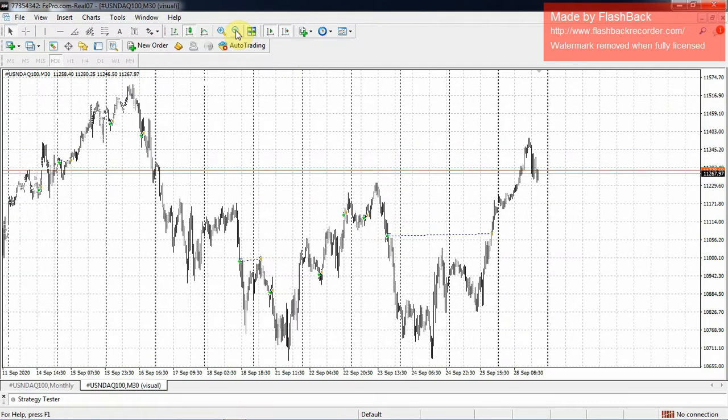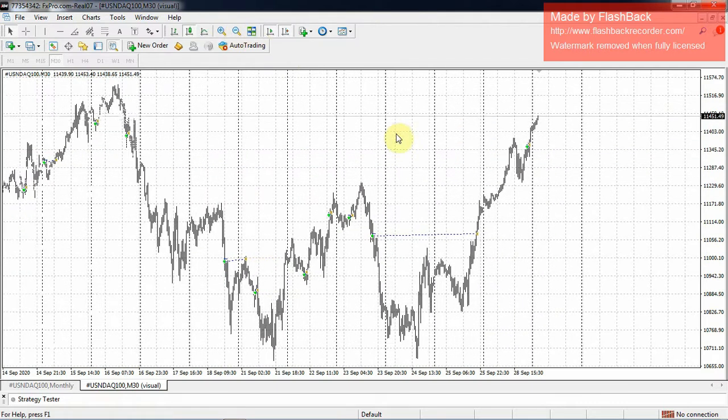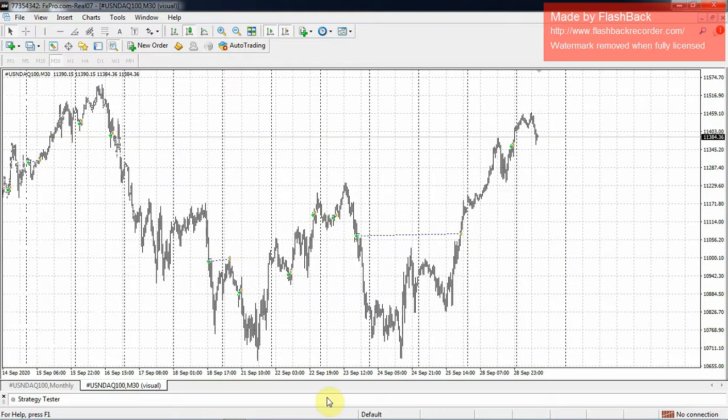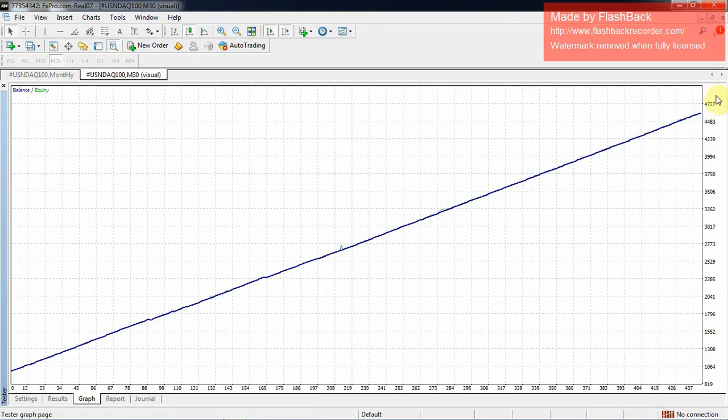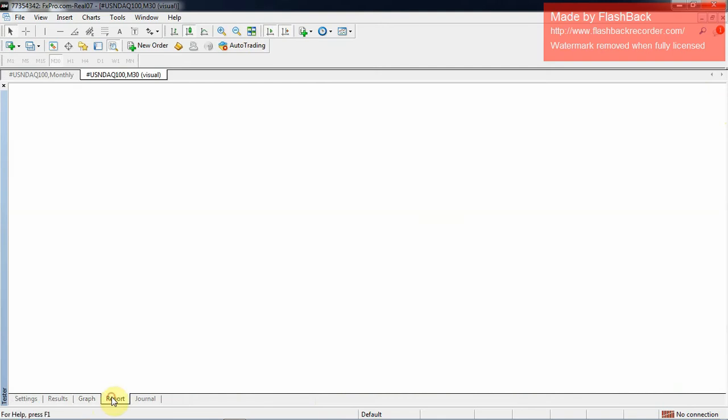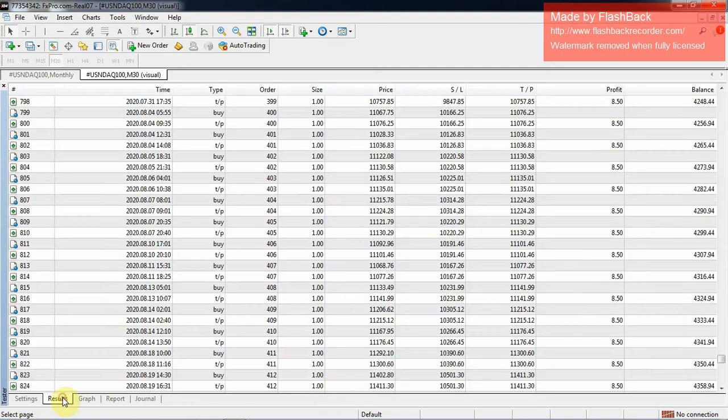And then, as I said again, let me just repeat what I said. Nasdaq100 is a buying market, almost 4.7k there. So over 80% of the trades this robot takes will be buys, and less than 20% will be sells. 445 trades taken so far.